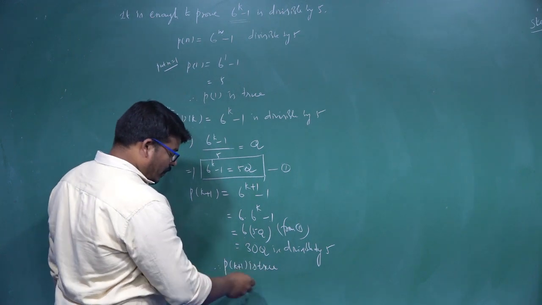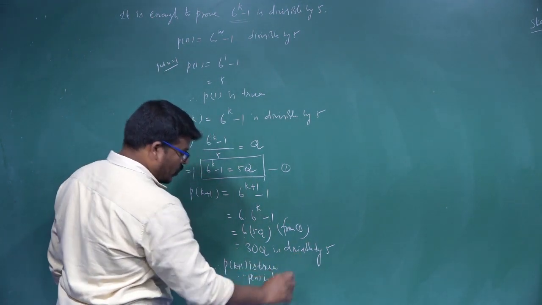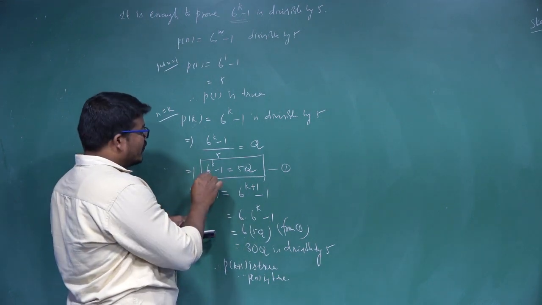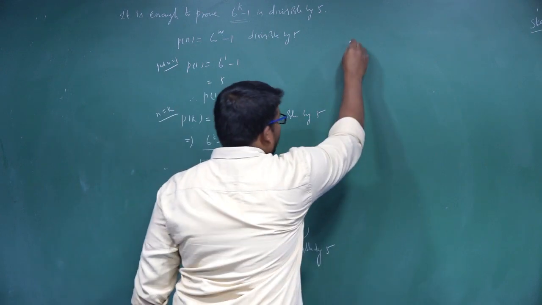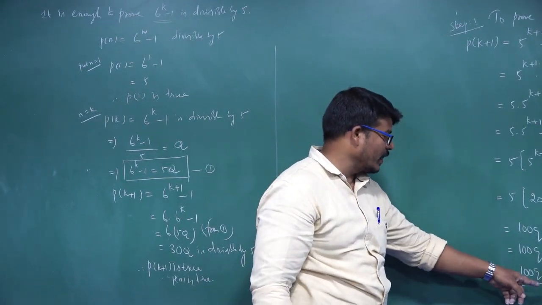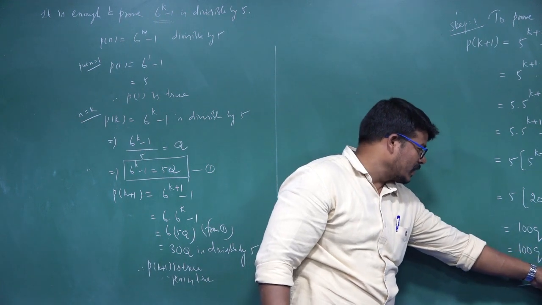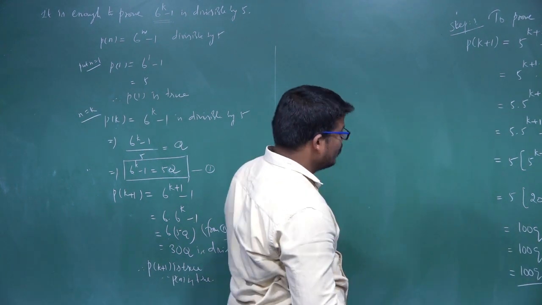Therefore P of n is true. So the value 6 power k minus 1 is divisible by 5. Then the value 100 cube plus 40 plus 9, plus 4 into 6 power k minus 1, is divisible by 5.